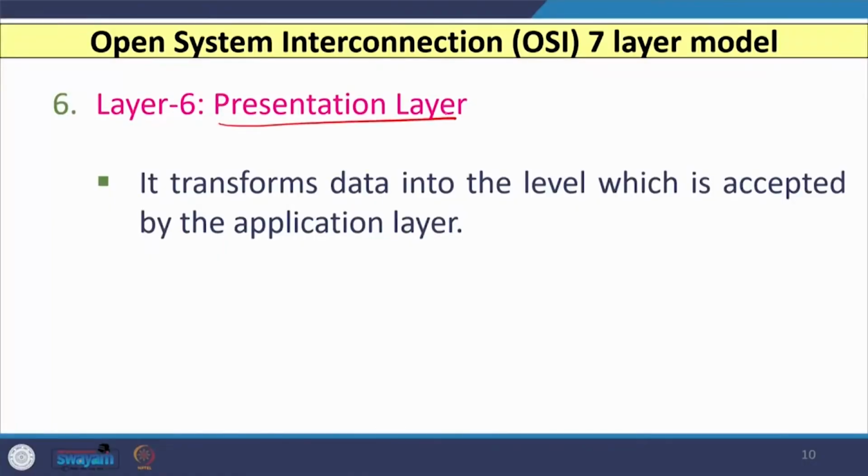Then the next layer is the presentation layer, which is the sixth layer. This layer transforms data into the level which is accepted by the application layer. Basically it acts as an interpreter, so that one type of data can be transformed to data which is understood by the application layer, the topmost, seventh layer.